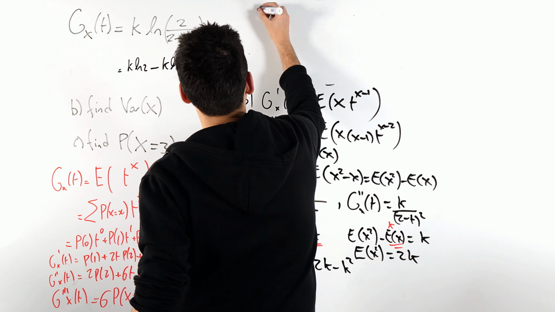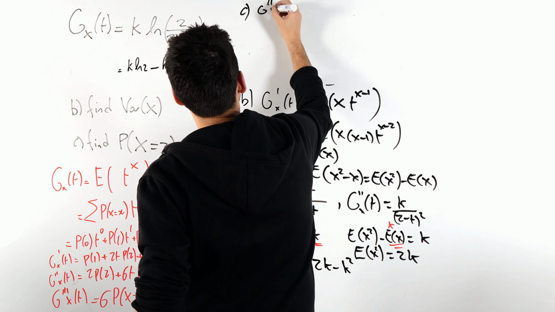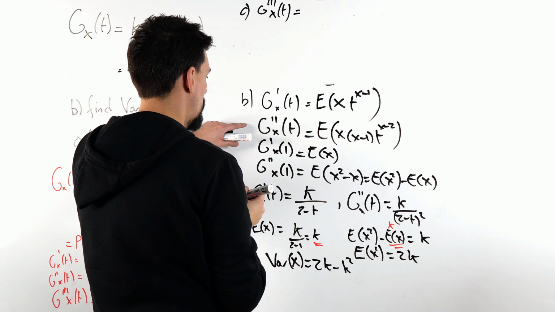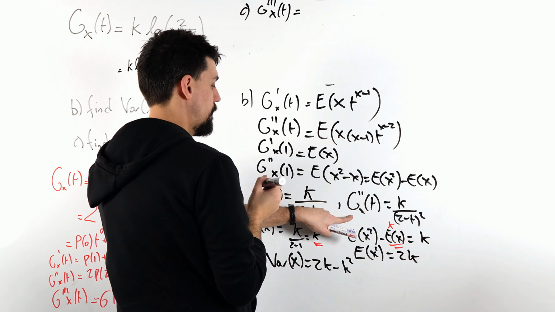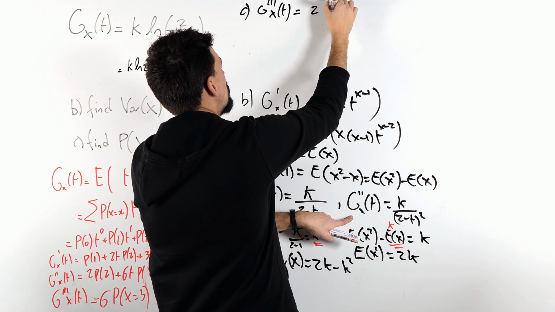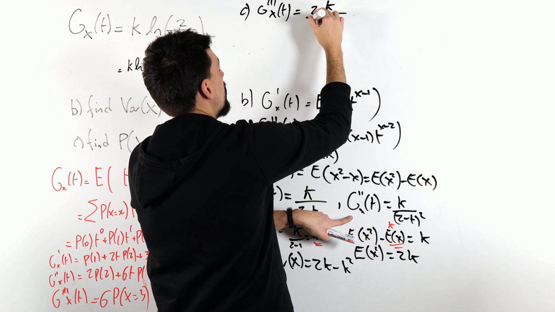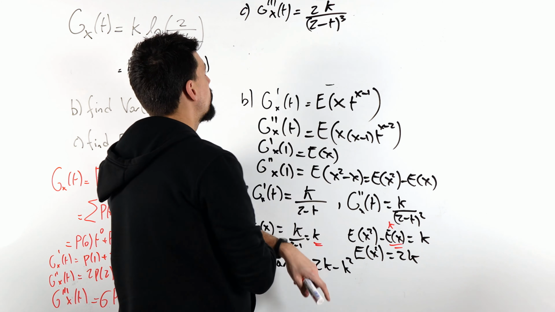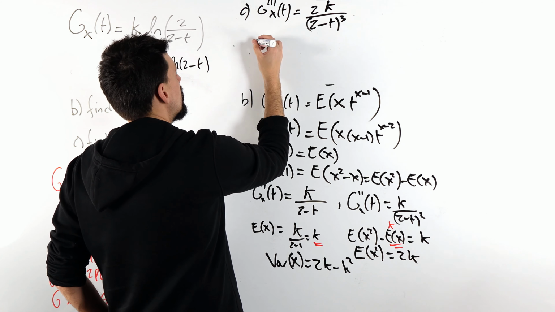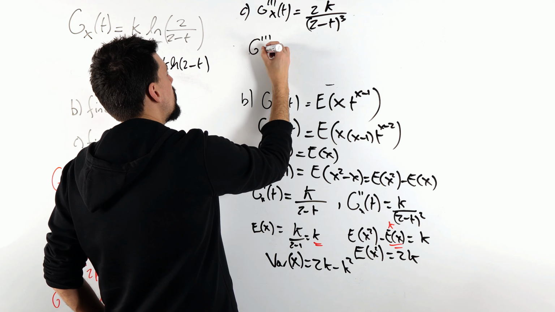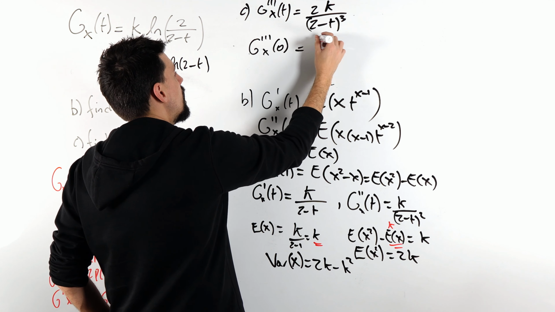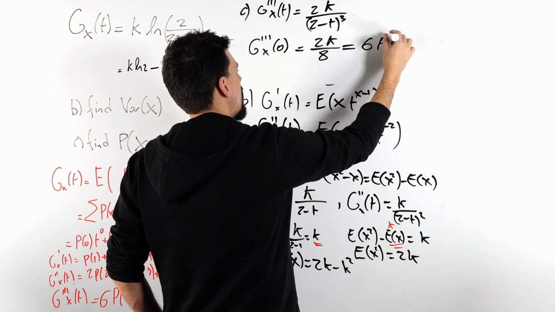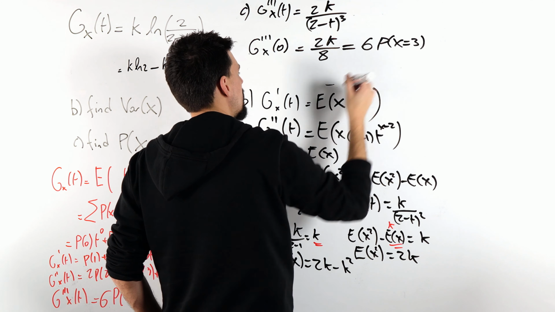So G triple dashed X of t, where was I? Aha, here. I will get 2k over 2 minus t cubed. So G triple dashed X at 0 is 2k over 8, and that is equal to 6 times the probability that X is 3.